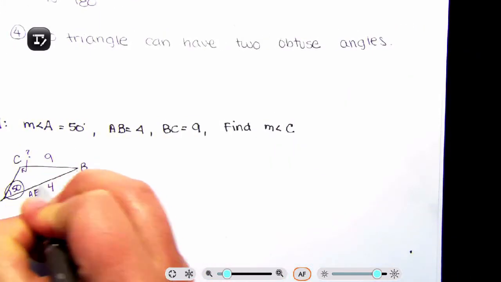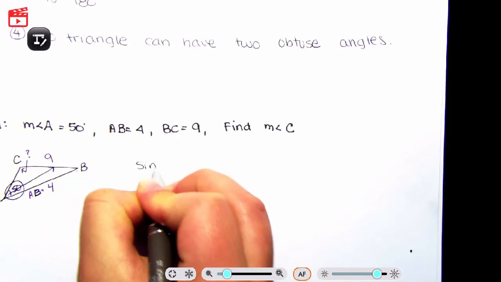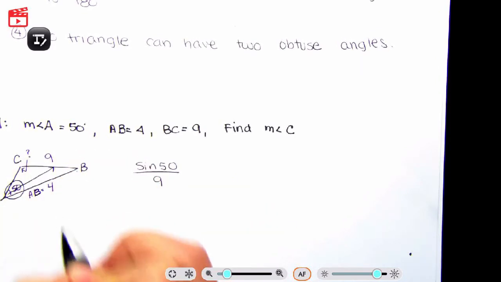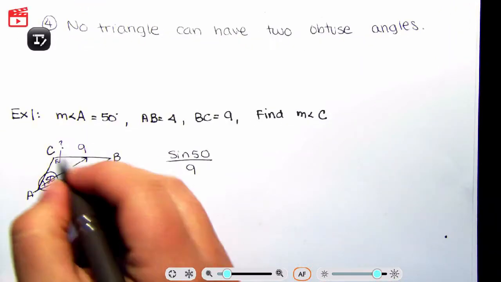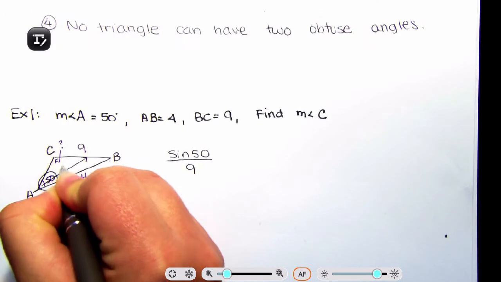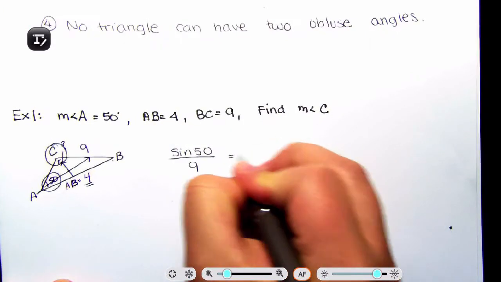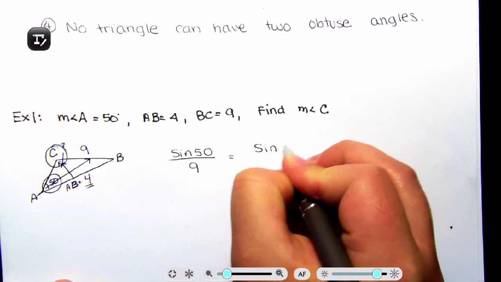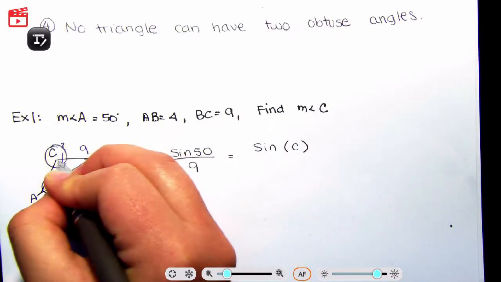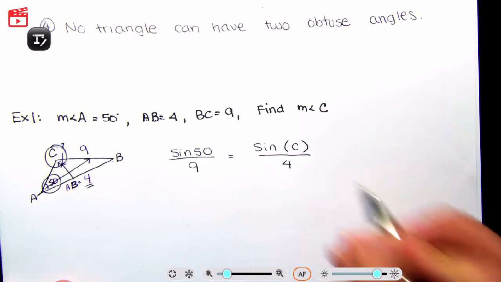Take your angle, go across the street. So that means I have sine of 50 degrees over 9. Take your angle. Again, go with what you have and what you need. I have this side, so my across the street angle is angle C. So sine of C, you can put X if you want. And across the street from this angle is the side length of 4.